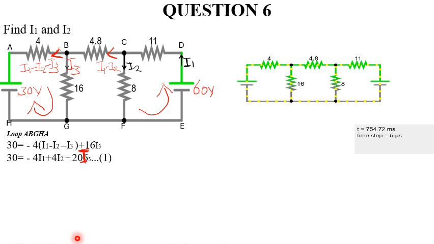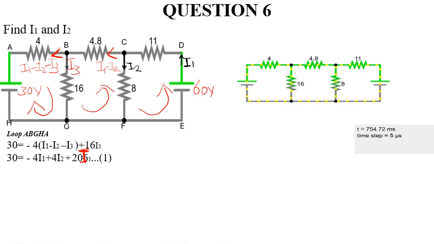And we also take our next loop, which is loop B, C, F, G, B. We take this loop in the anti-clockwise direction. So when we are moving in the anti-clockwise direction, what do we meet?